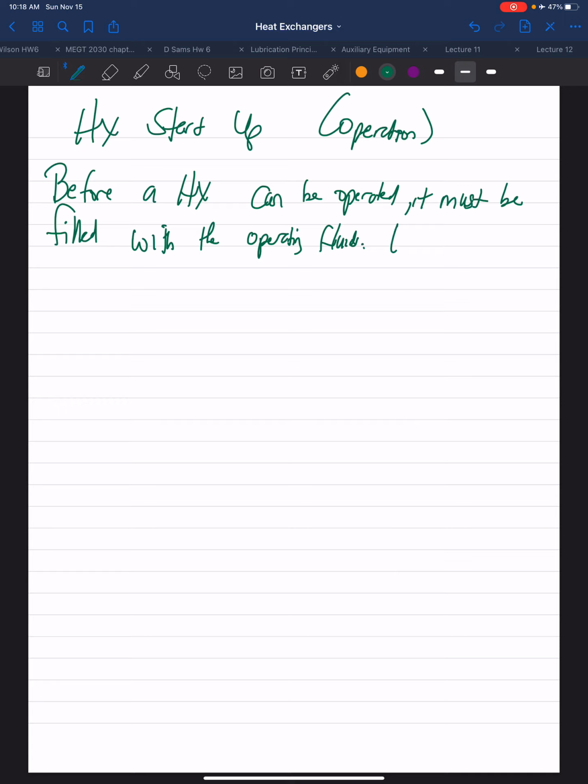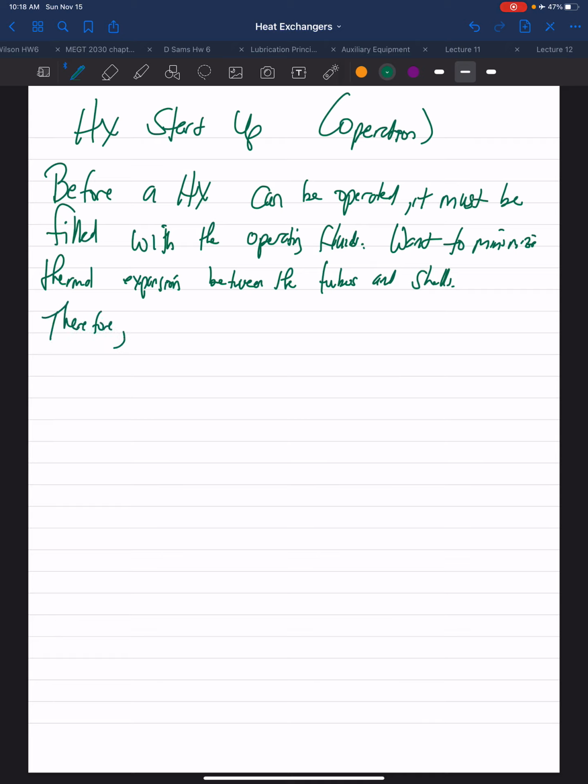When doing so, you want to minimize the thermal expansion between the tubes and shells. Therefore, you want to gradually introduce the fluids.